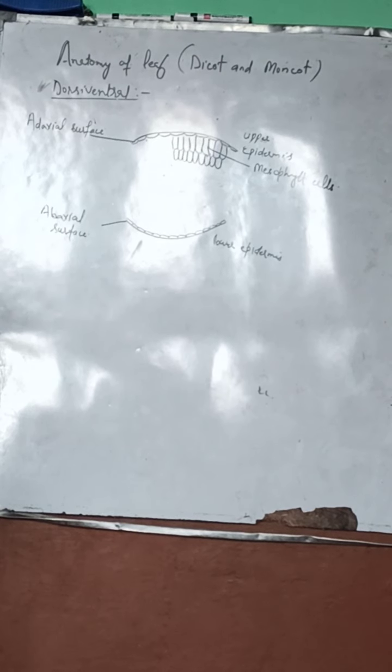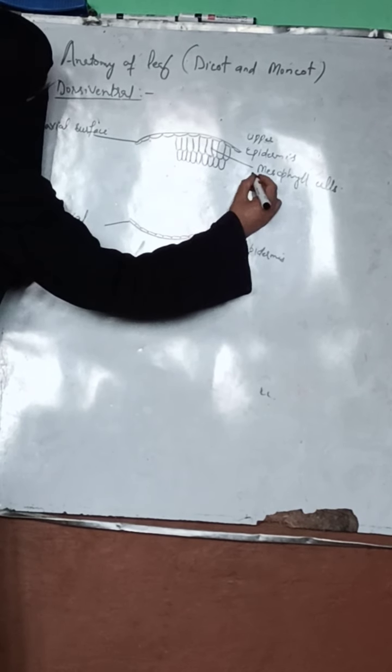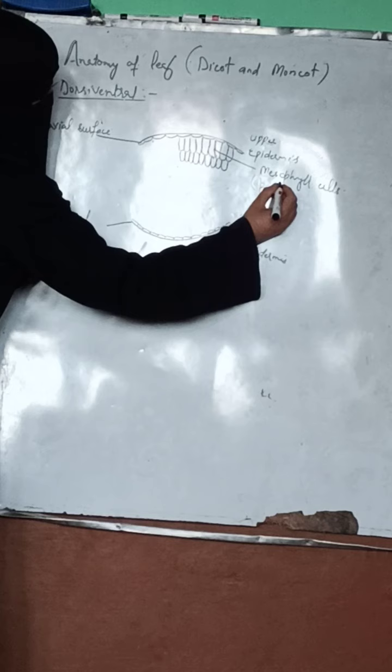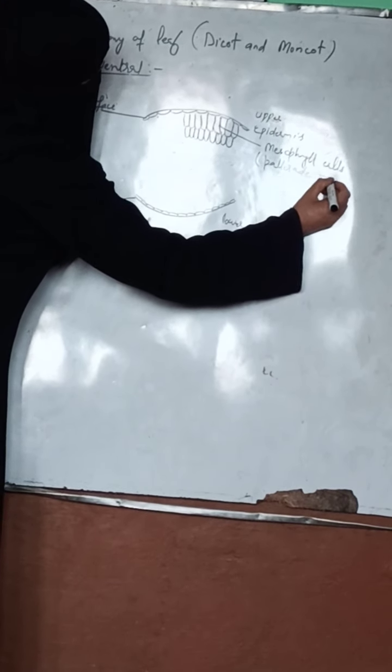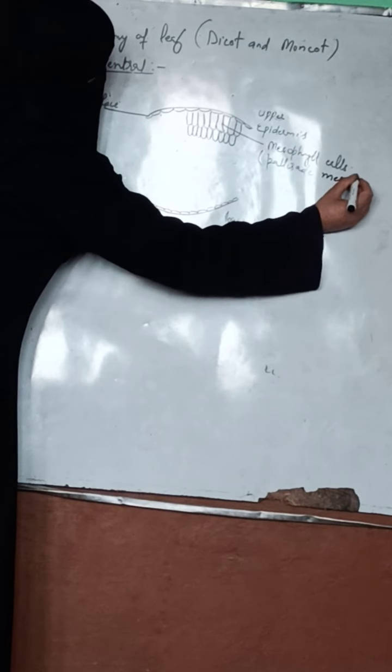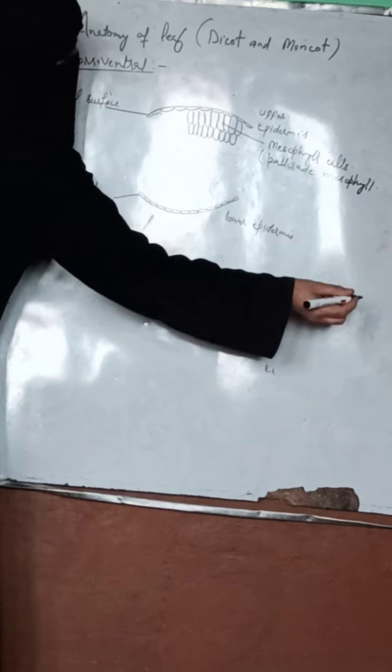So these are mesophyll cells, but these are called palisade mesophyll cells.